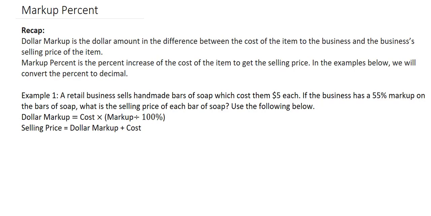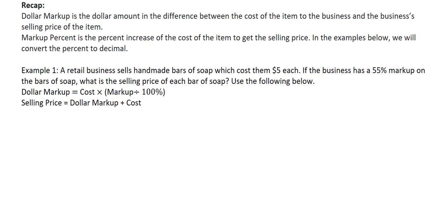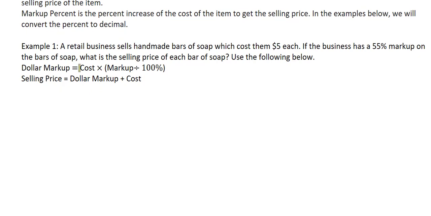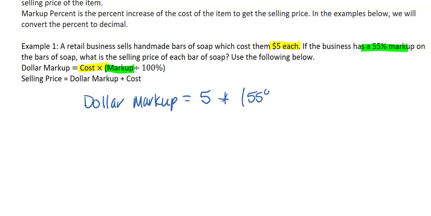So let's go ahead and start to do that first. The first equation: we can see cost is right here, and we have a markup, which is right there. So let's go ahead and solve. So $5 times 55% divided by 100%.